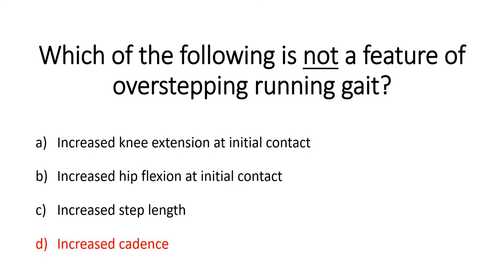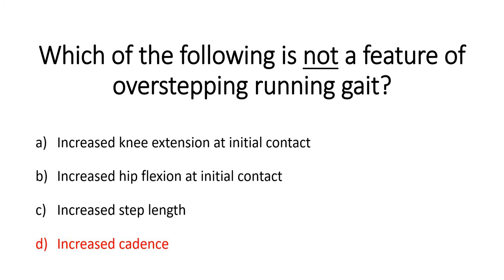However, if you increase your step or stride length, that's going to decrease your cadence, which is the number of steps per minute or per hour or whatever unit of time you wish to use. So increased cadence just doesn't make sense. It would actually reduce the cadence. So A, B and C are features of the overstepping gait. D just doesn't make sense basically, therefore it is the answer.